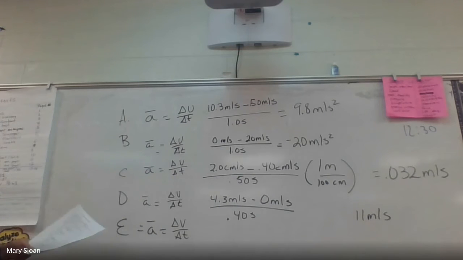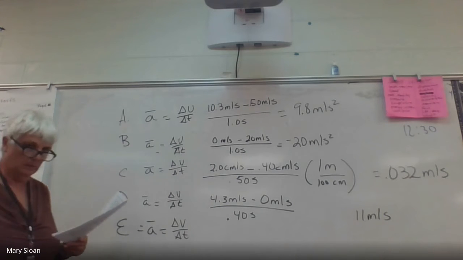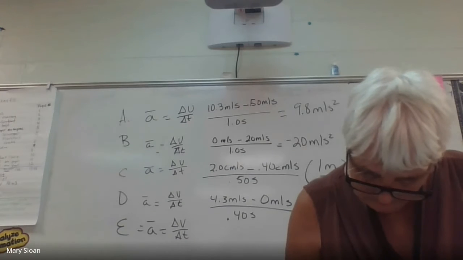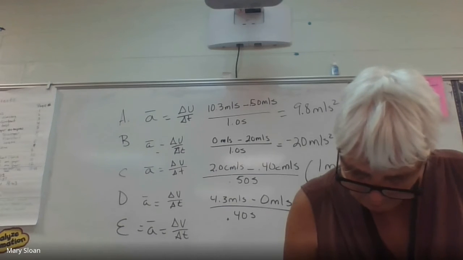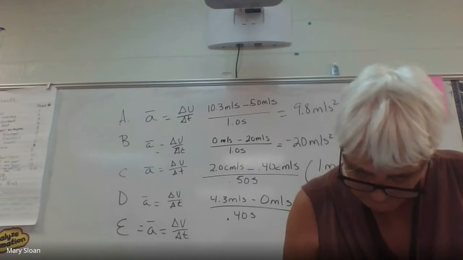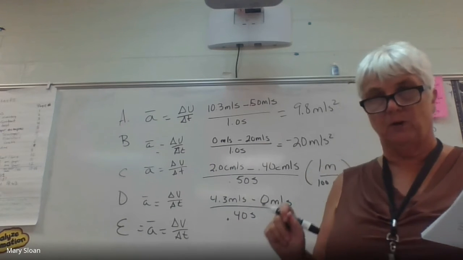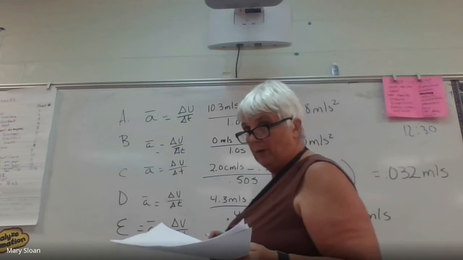What is my velocity final? So it says here, jogger accelerates from 2 meters per second to 1 meter per second in 8.3 seconds. What is my final place? It's the 1, right?